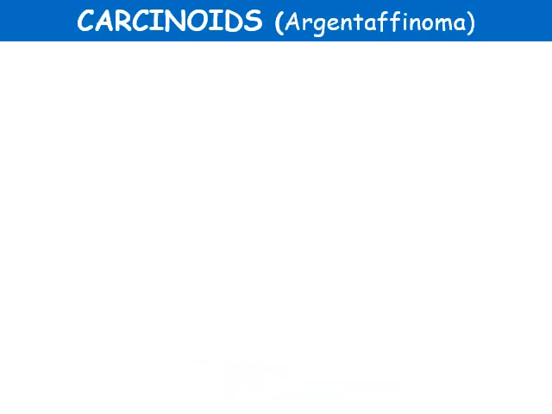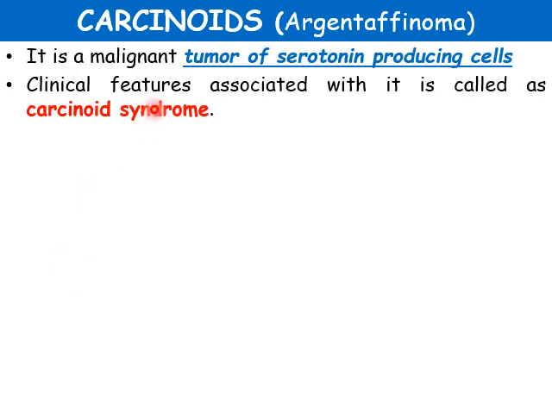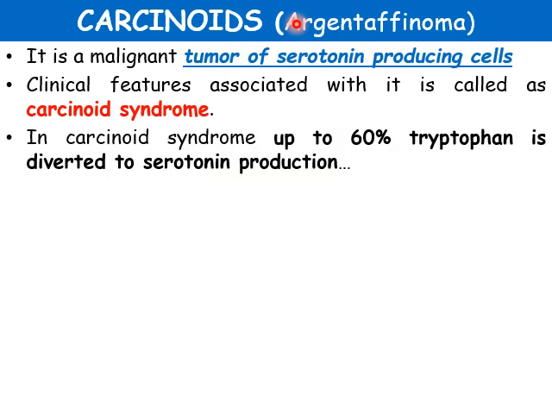Now, the applied aspect associated with the tryptophan metabolism, that is carcinoids. It is also known as argentaffinomas. What is that? It is a malignant tumor of serotonin producing cells. The clinical feature associated with this tumor, that is carcinoid, is known as carcinoid syndrome.